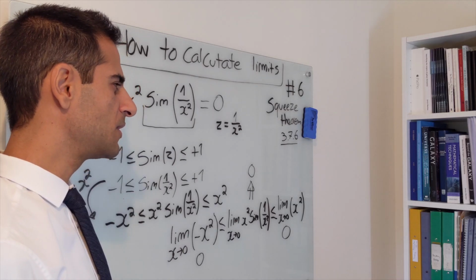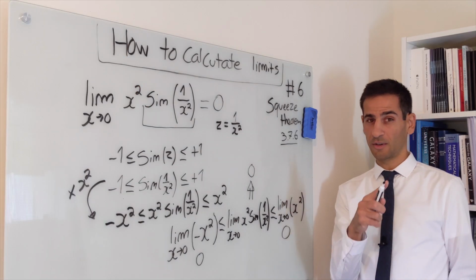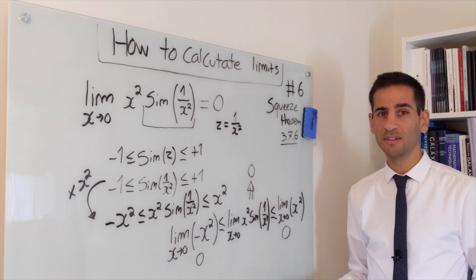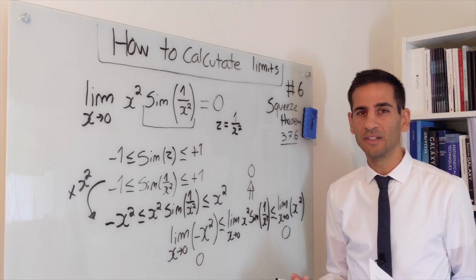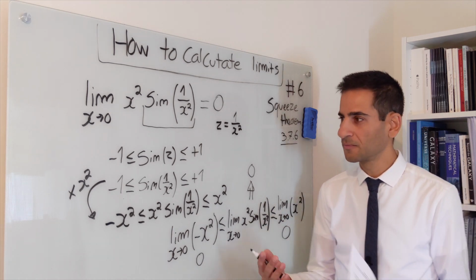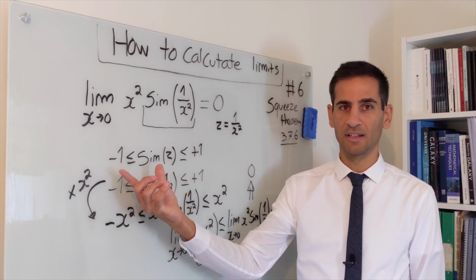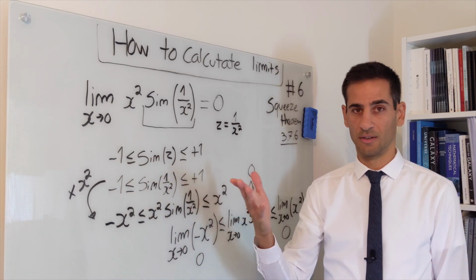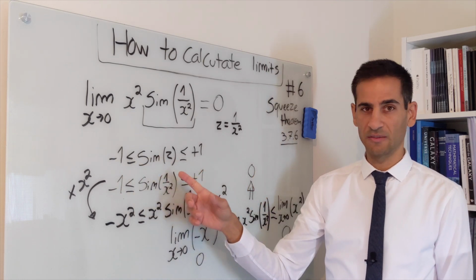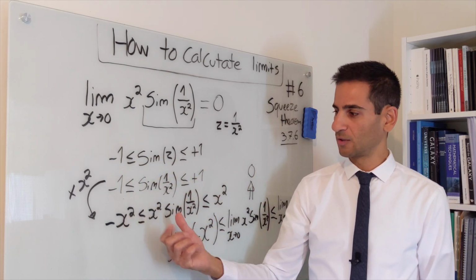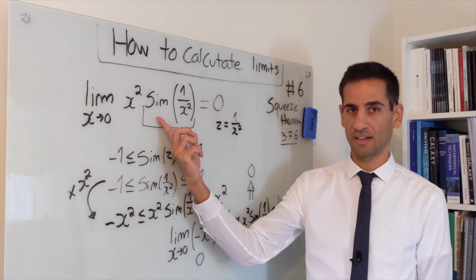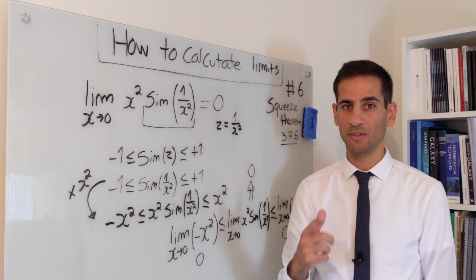How is this using the squeeze theorem? That's a really good question. Now this is using the squeeze theorem, but in a way that we didn't even have to think a lot about it. I started with something that you already knew, that the sine can vary between -1 and 1. And all we did was convert the expression so that in the middle we have exactly the limit we want to solve.